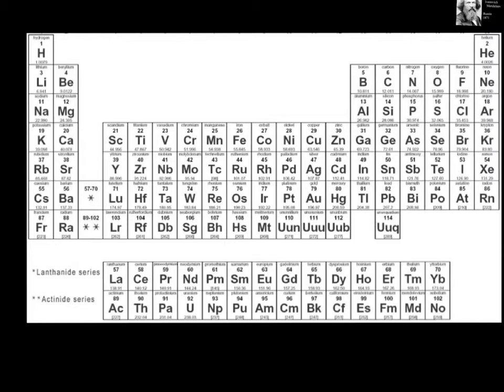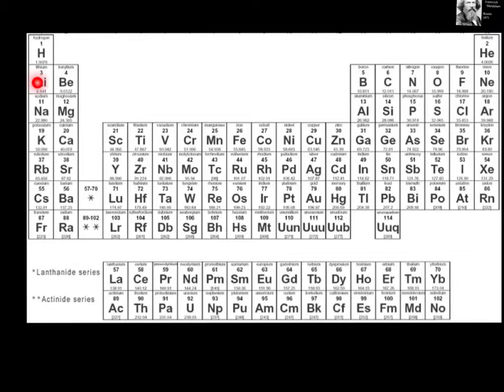So he said, maybe I'll put them in order of their atomic masses, which he decided was the most important part of this, but allowed him to realize that actually the most abundant element in the entire universe, hydrogen, had only one proton, and the second most abundant element in the universe, helium, has 2 protons. And so he actually then created the atomic number to reflect the number of protons.